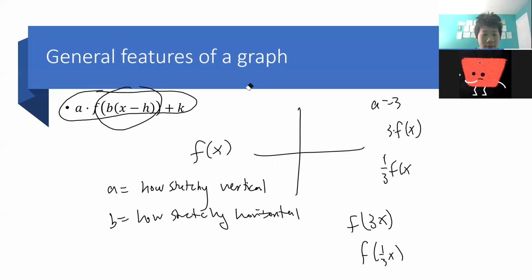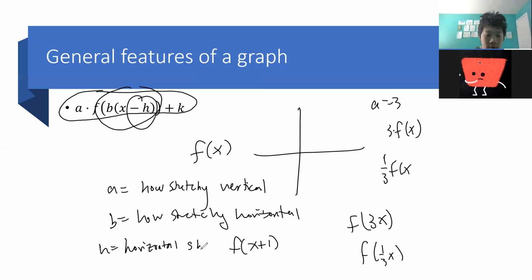Same with whatever's going on with h. If I had f of x plus 1, h is what we call horizontal shift. We're literally shifting the whole graph in the horizontal direction. So f of x plus 1, we would expect this to move to the right by 1.